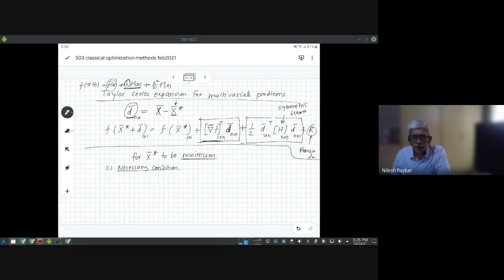Since we don't want any variations for it to be a minima, the necessary condition is that the gradient vector must be equal to a 0 vector. That is the first condition that it must satisfy. And the second condition is the sufficiency condition.